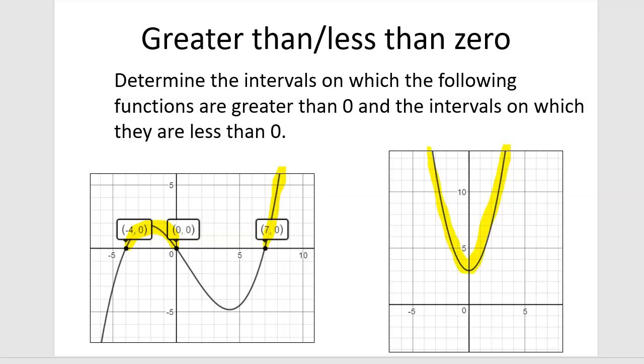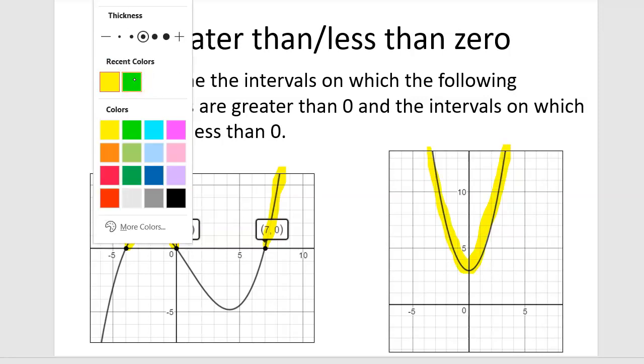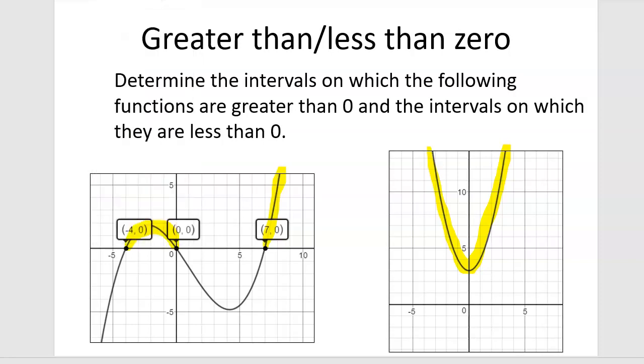And for less than 0, we're going to have this part and this part. Over here, I don't have anything less than 0. Remember, that would have to be below the x-axis.